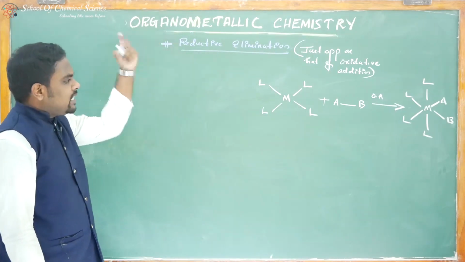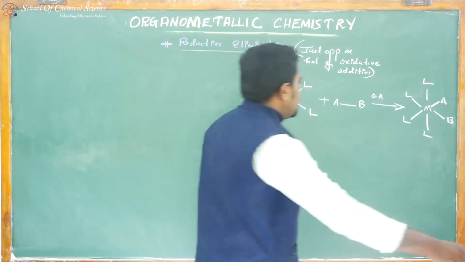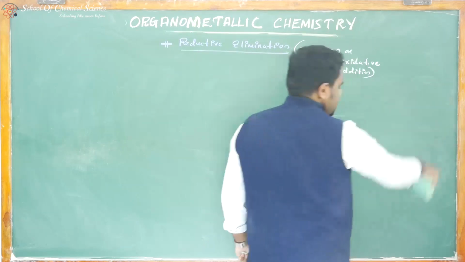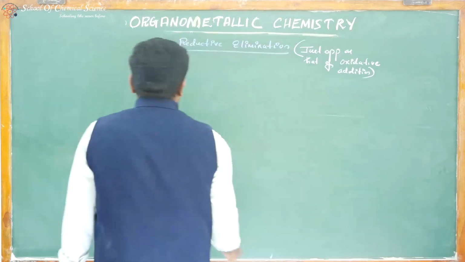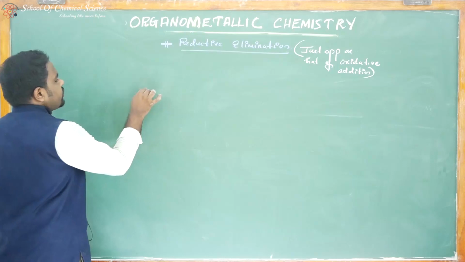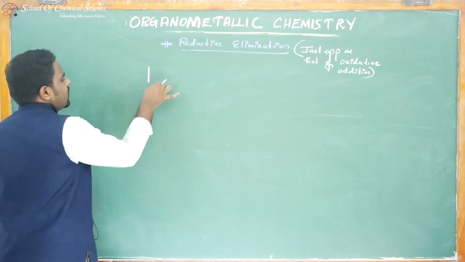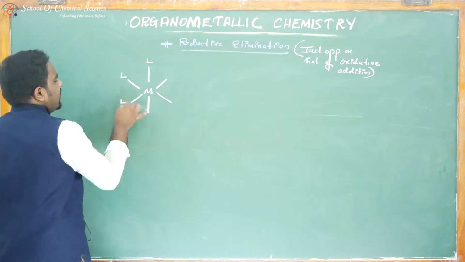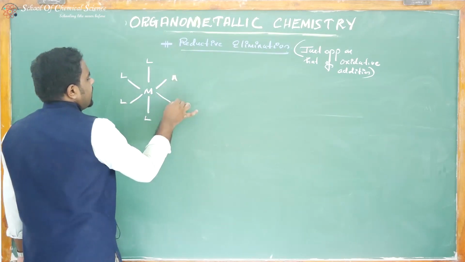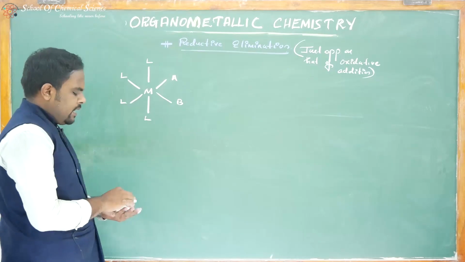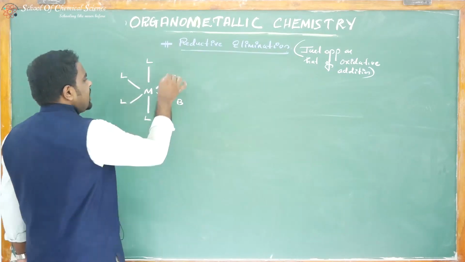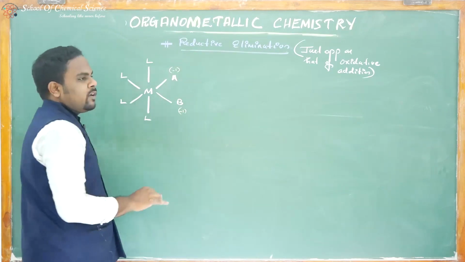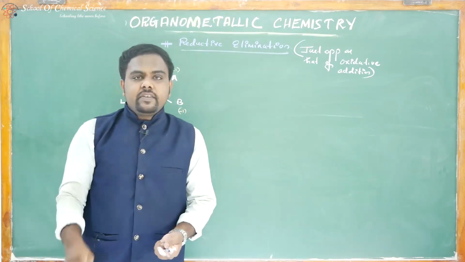Then reductive elimination is just opposite to that of oxidative addition. That means, consider a complex, for example an octahedral complex, M with L, A, B. The peculiarity is that A and B are anionic ligands, meaning they have negative charge.